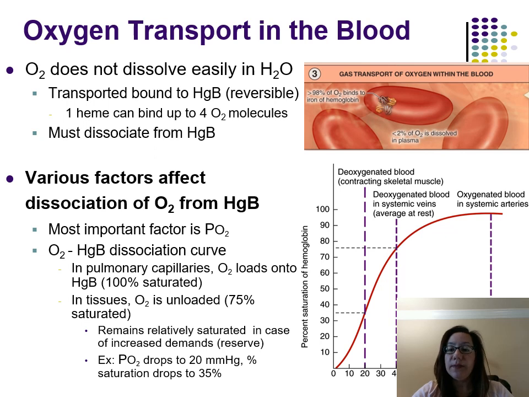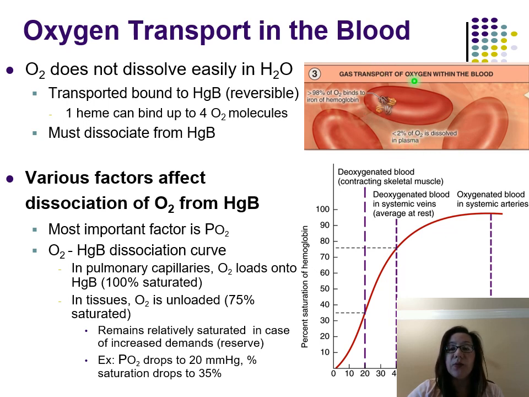Now this is a pretty busy slide, so let me break it down for you. We are going to focus on how oxygen is transported in the blood. There are 2 ways that oxygen is transported in blood. The majority of oxygen is going to be bound to the iron molecule on hemoglobin. There is a small percentage of oxygen that dissolves in plasma, but very little.